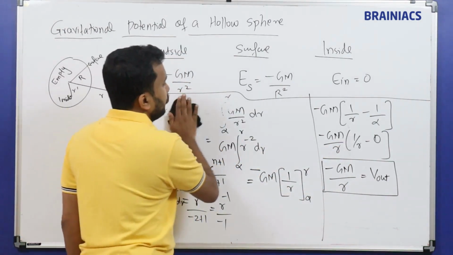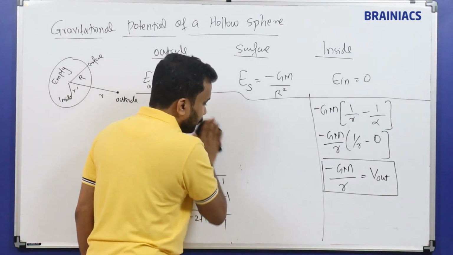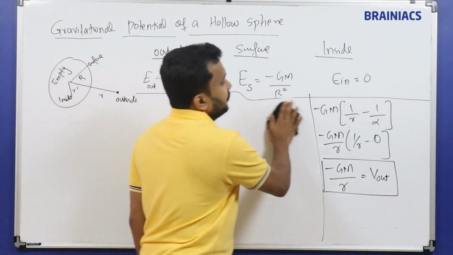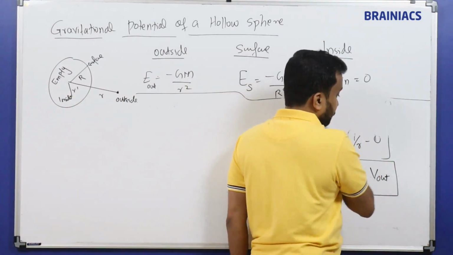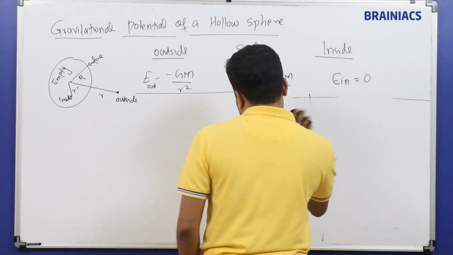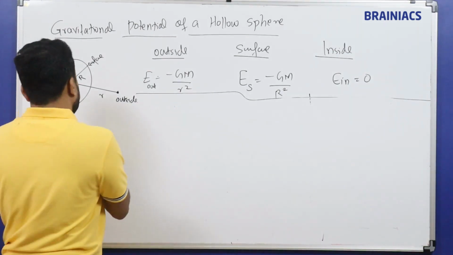It is straightforward. The same steps you can follow, but instead of small letter r, we have to use capital R. So I am not doing the derivation explicitly because it is the same thing.